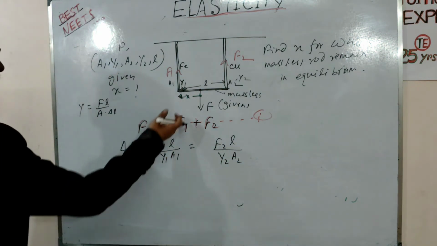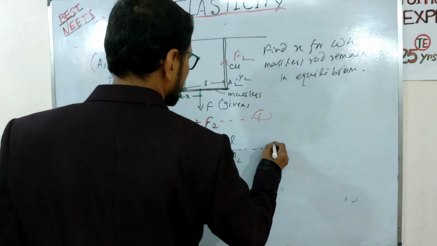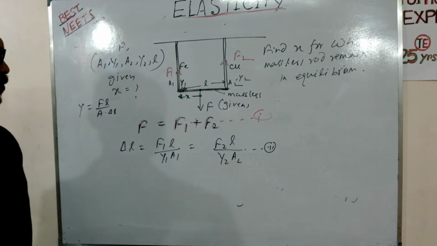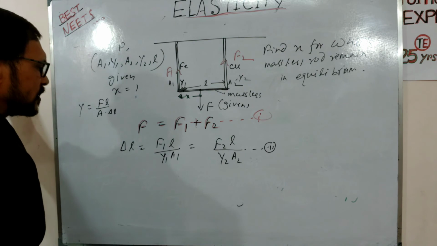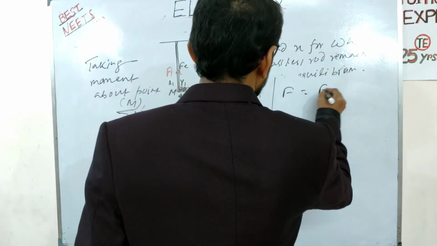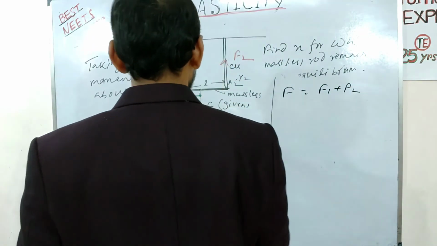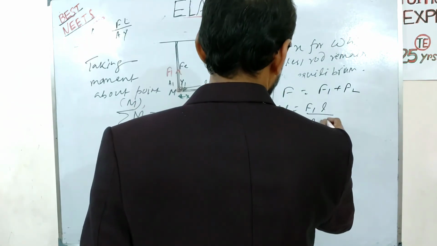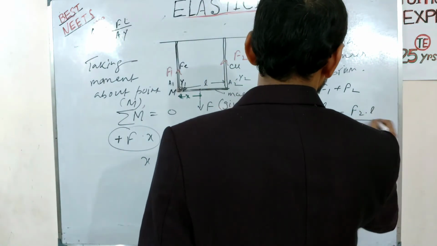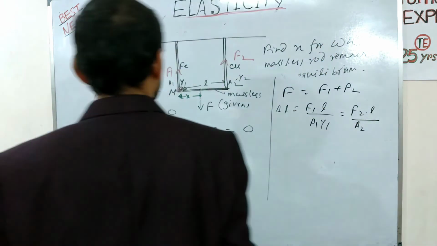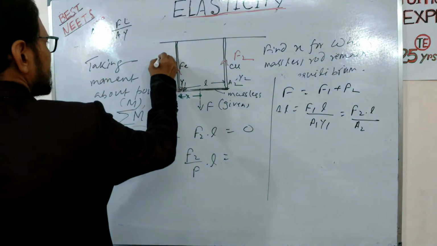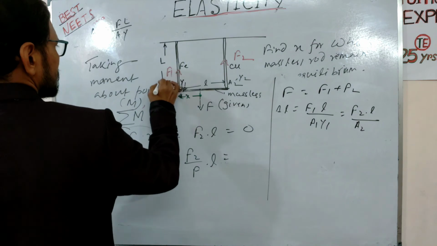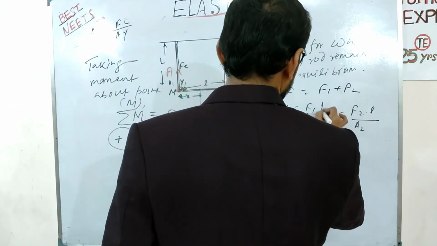From these two equations we get F2 or F1 in terms of F. Now F equals F1 plus F2, and the other equation is from del L, where L is the original length.